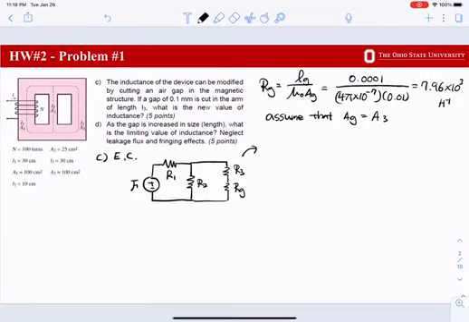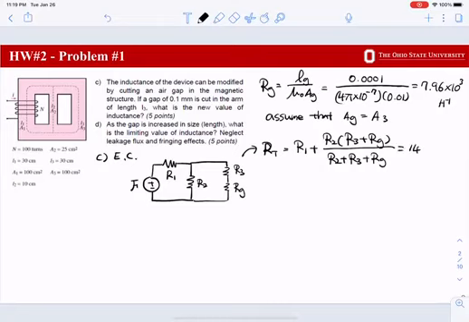So what is the total reluctance? The total reluctance is R1 plus R2 times R3 over R2 plus R3, plus RG, the reluctance of the gap.